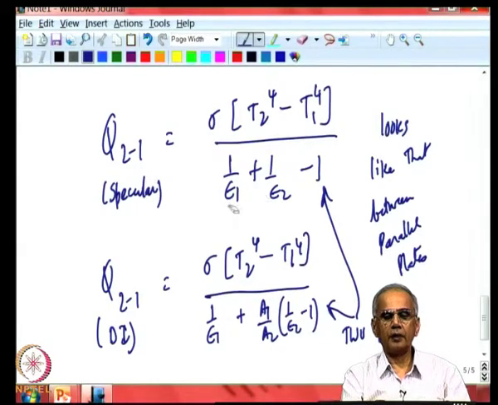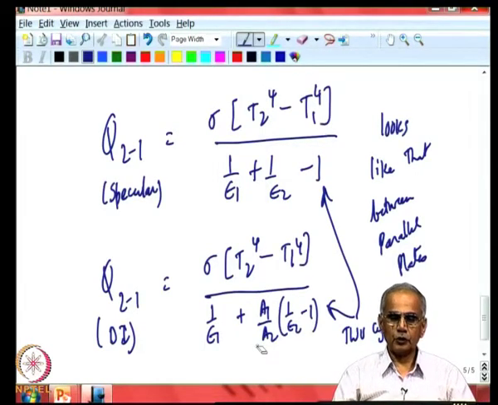Here you get 10 plus 10, 100 minus 9, 99, huge difference. So, this specular reflection case reduces heat transfer much more than the diffuse case, and that is the consequence of specular reflection.